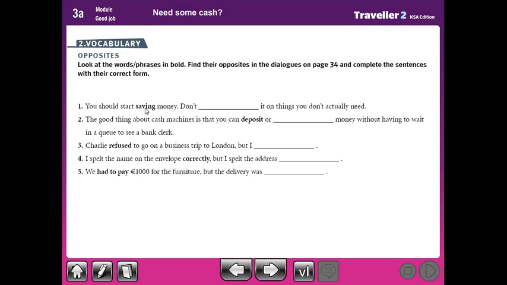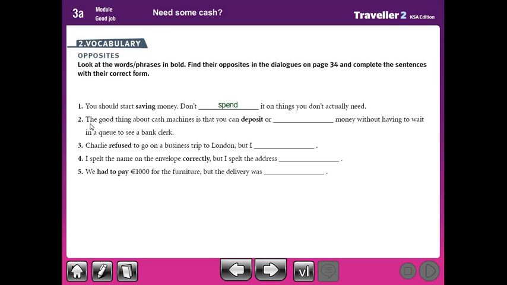Save: keep and store up something, especially money, for future use. Saving money. The opposite of save is spend. Yes, don't spend it. Spend: pay out money in buying goods or services.